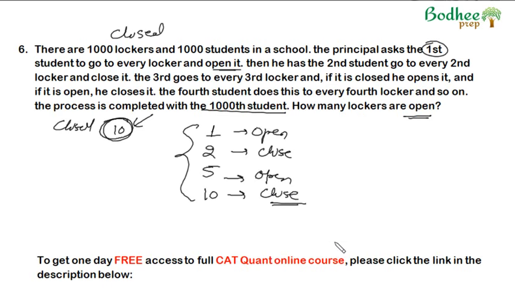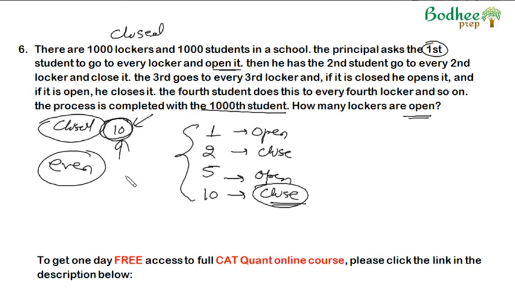So after this operation, if you only focus on locker number 10, initially it was closed, and later also it will remain closed, because it has been operated by 4 students, an even number of students. But if I take any other number, say 16, this is a perfect square.